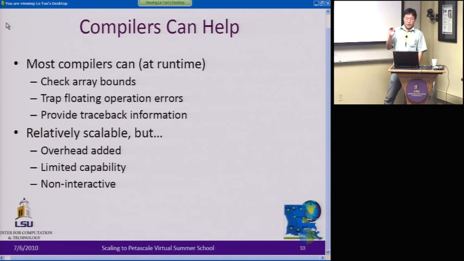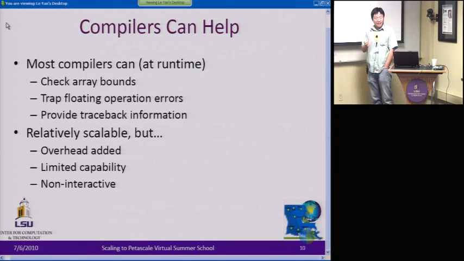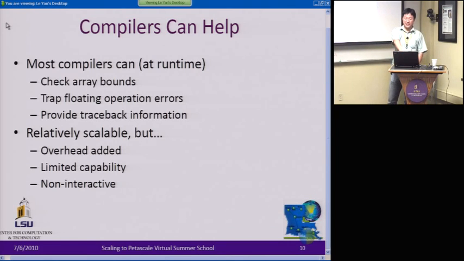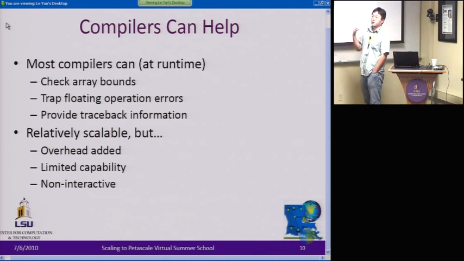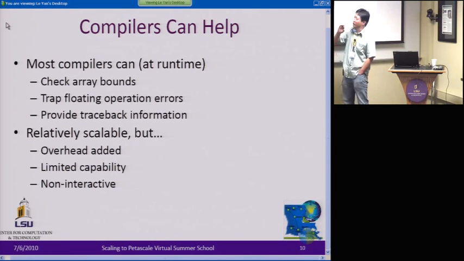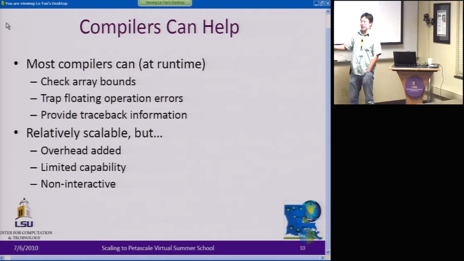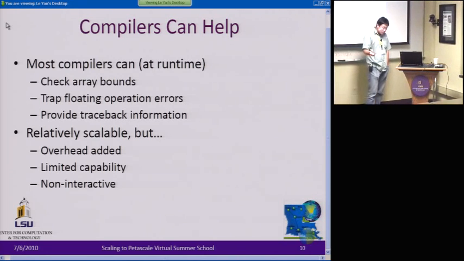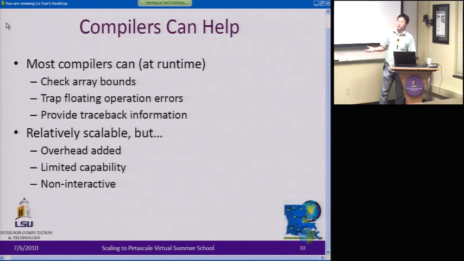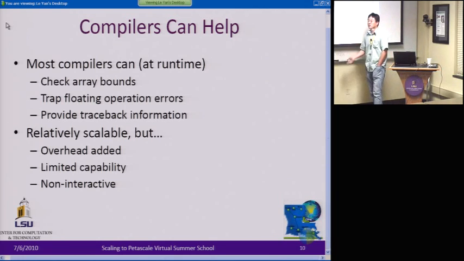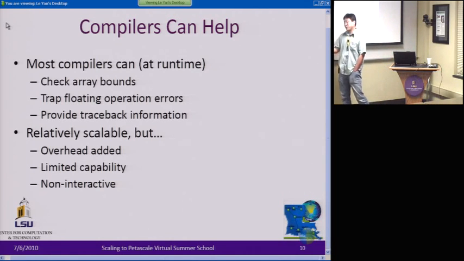So most compilers can help. I said runtime here, but actually at both compilation time and runtime it can help you with certain aspects of debugging. It can check whether an array bound is overstepped, and it can trap floating point exceptions like divide by 0, square root of a negative number, overflow, and underflow.